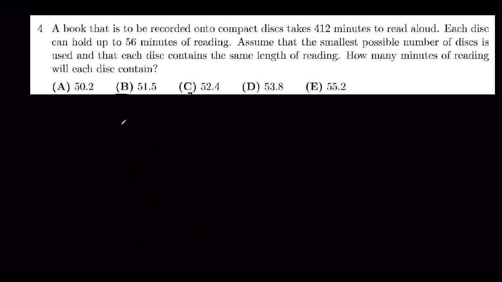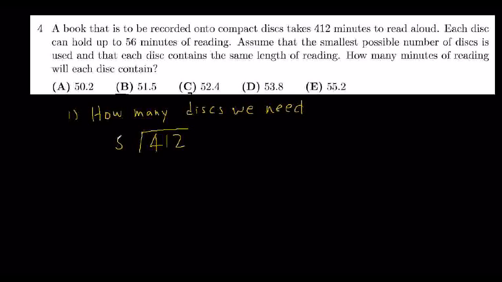Question number 4. We do this in 2 steps. First is how many disks we need. We have 412 minutes to be recorded, and each disk can hold up to 56 minutes.